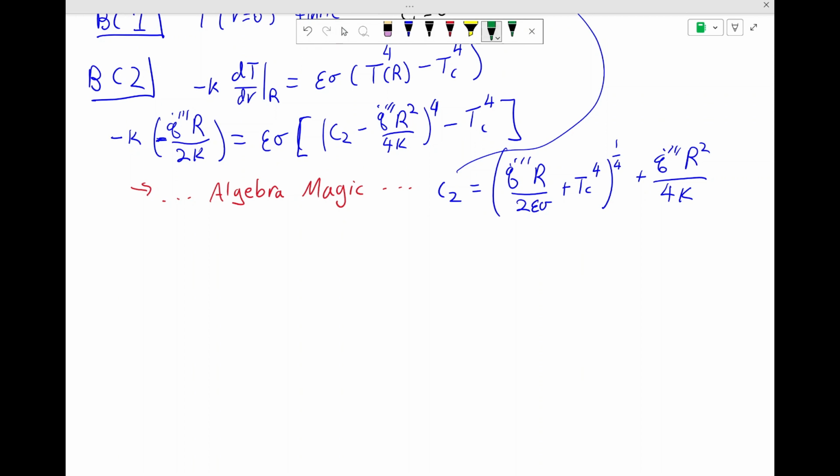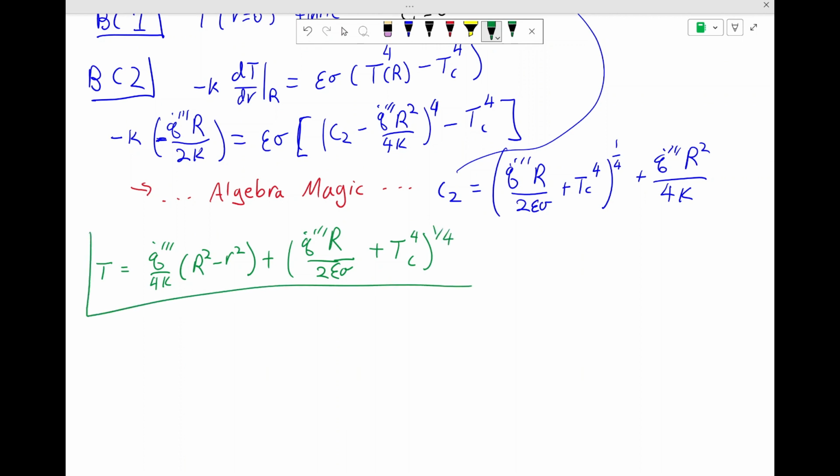We will get T is equal to q dot triple prime over 4k times big R squared minus little r squared, plus this group here, q dot triple prime R over 2 epsilon sigma plus T infinity to the fourth, and all that to the 1/4 power. So that's our specific solution here.